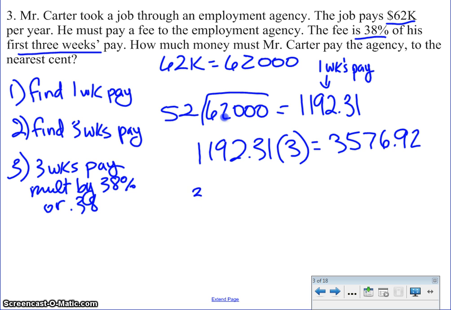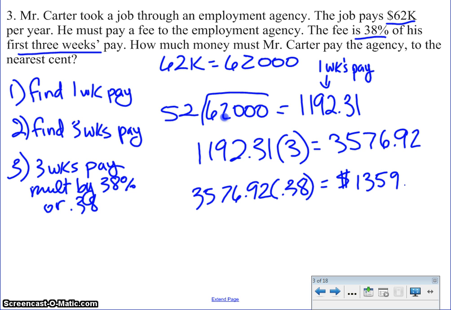So we have 3576.92 times 0.38, and we find the total fee that he's going to owe is $1,359.23. Make sure you're also writing the steps down. I think the steps will really help you when you are working on this and going through the test.